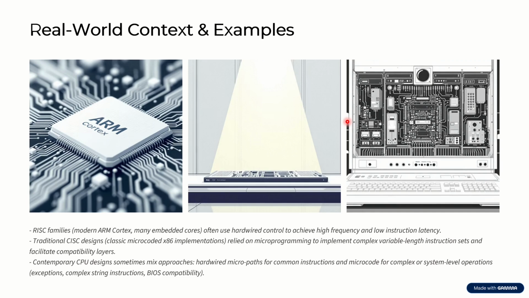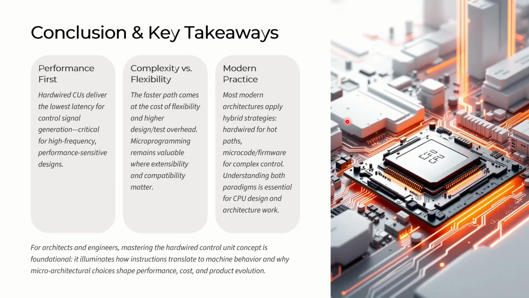Contemporary CPU design sometimes mixes approaches: a hardwired path for common instructions and microcode for complex system level operations, exceptions, complex string instructions and BIOS compatibility. Now the final conclusion and takeaways.